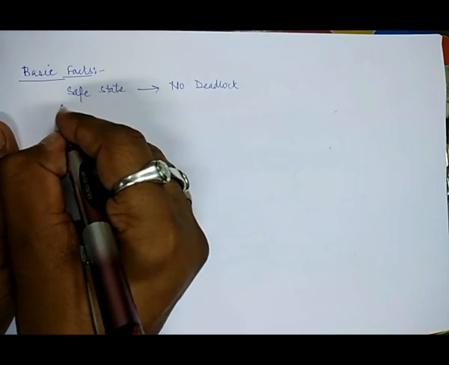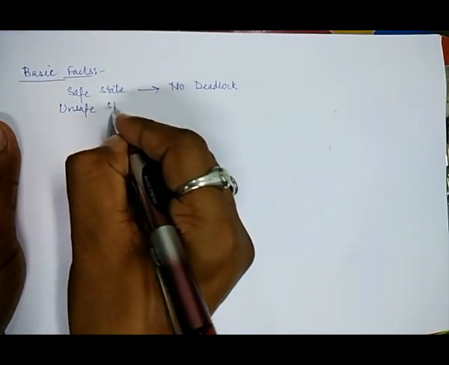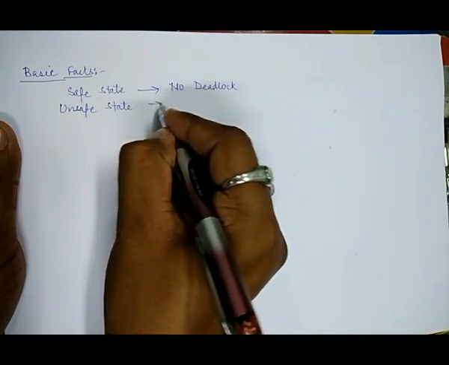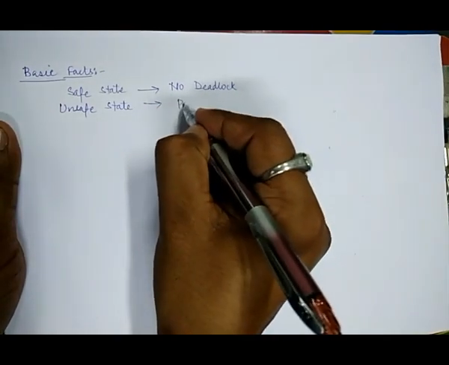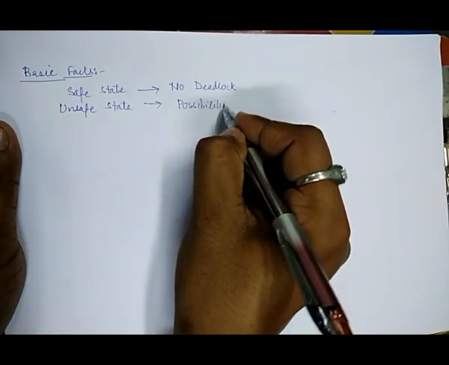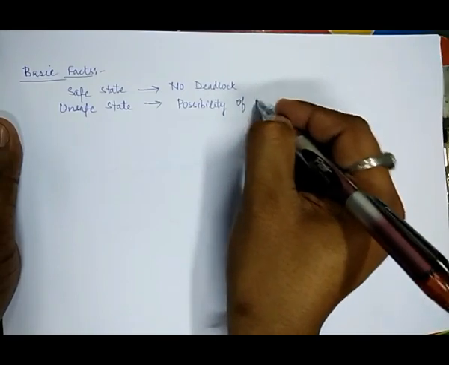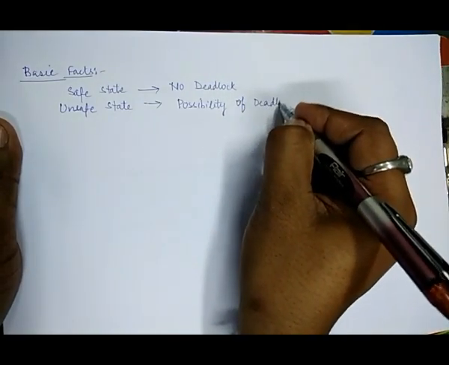And if the system is not in safe state, that is, we define it as unsafe state, then there is a possibility of deadlock, not exactly a deadlock, there may be a possibility of deadlock.